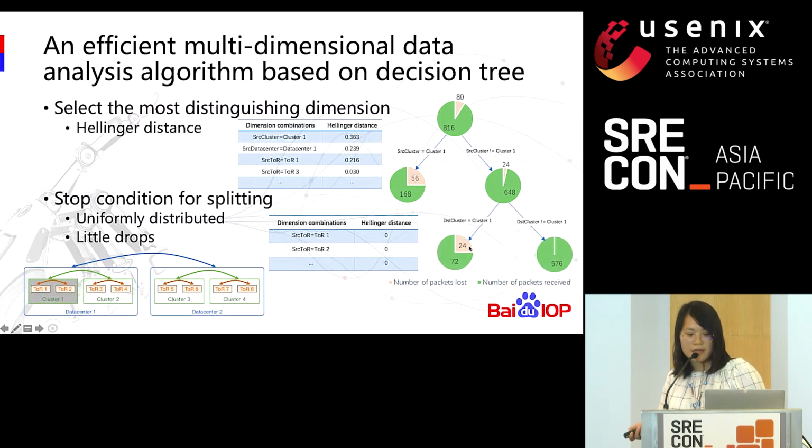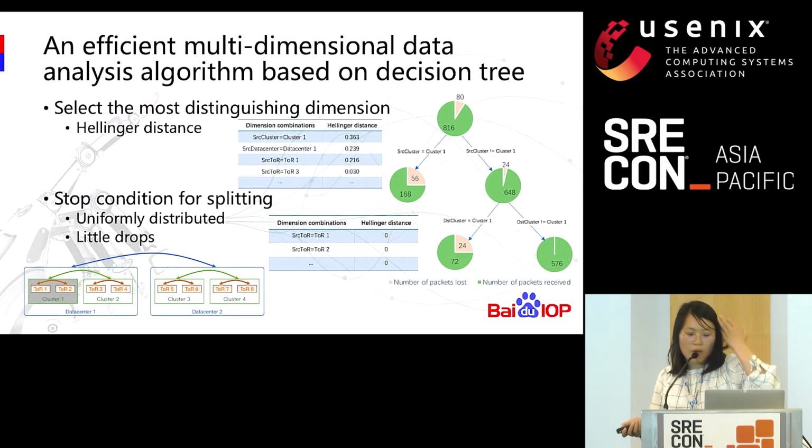We select destination cluster equals cluster 1 to divide the samples, which can separate the jobs completely. The new left node covers the whole jobs, and the other has no jobs. In the new left node, the jobs are evenly distributed across TORs, so we stop splitting. There is no job in the new right node, so there is no need to split anymore.